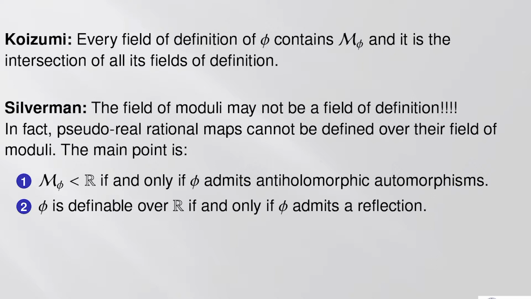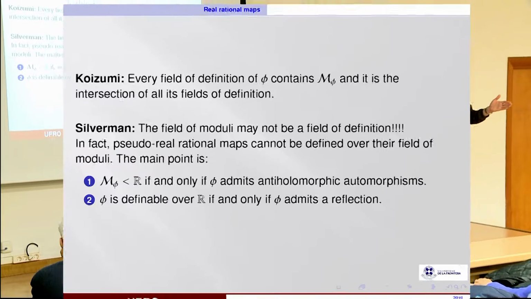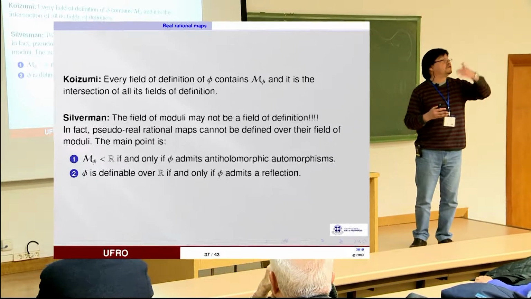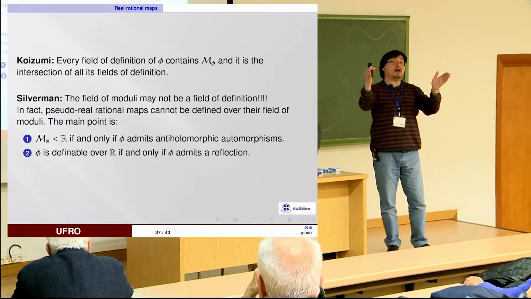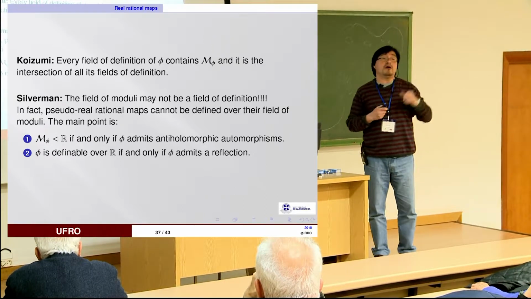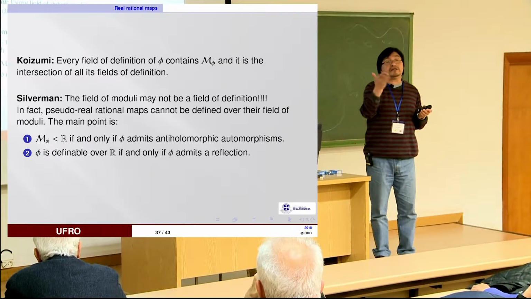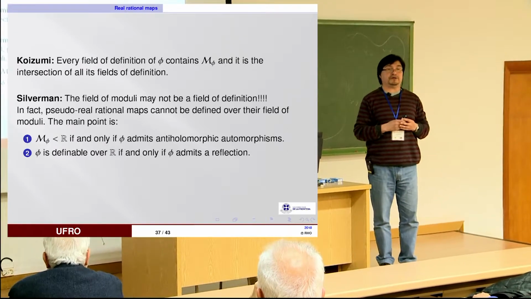And it happens that this field of moduli was proved by Koizumi to coincide with the intersection of all fields of definition. What is the field of definition of a rational map? Just take a rational map. You can conjugate by Möbius transformations. You have a lot of conjugates, and each time you have one of them, you have the coefficients, and any field that contains these coefficients will be a field of definition.